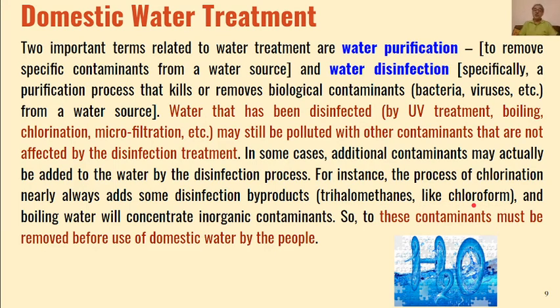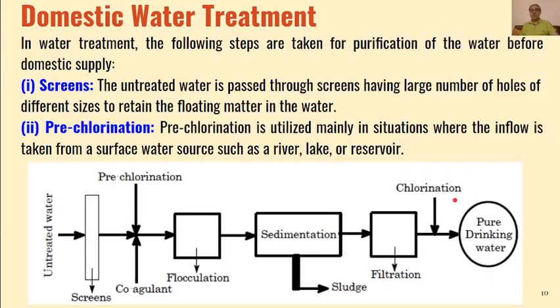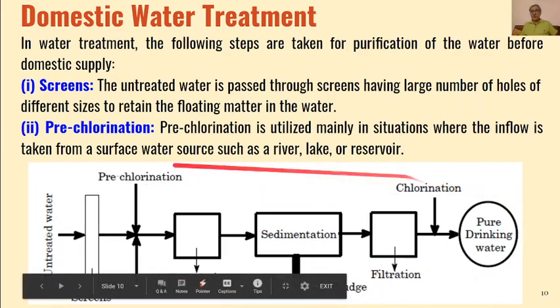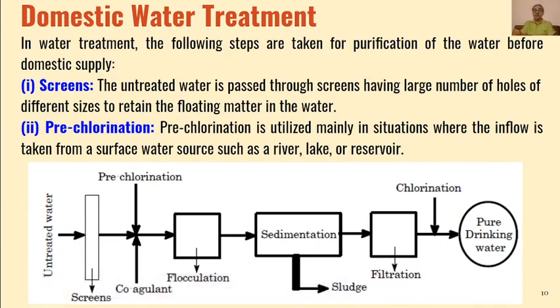If they are formed, then we have to remove those contaminants from the water also, and this comes under water purification. Now, how is domestic water treatment done? There are the following steps to be taken care of to make the water drinkable.